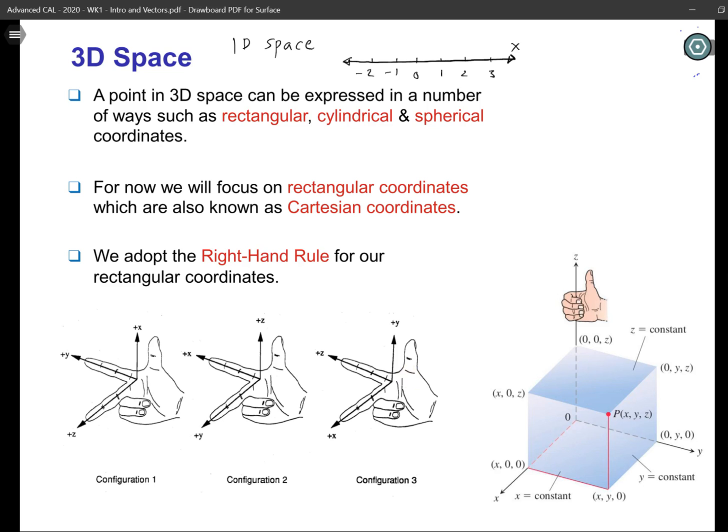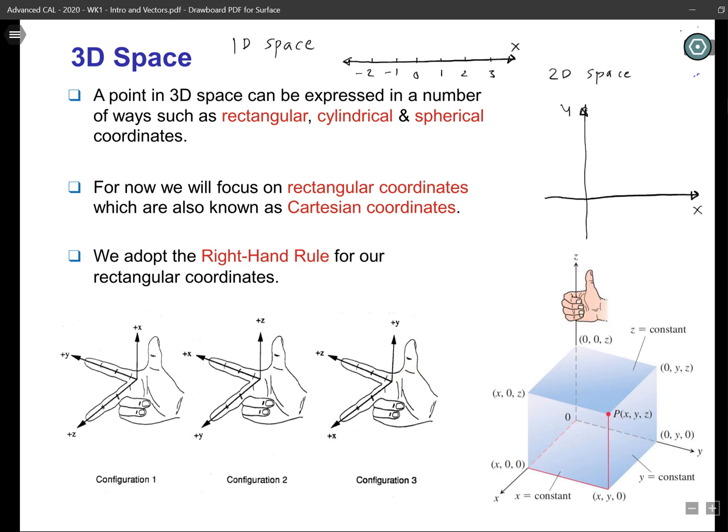Now, what about 2D space? I think you know by now, right? You can guess by now that it's going to look like something that you used a lot in this subject, math. 2D space is an empty region when you have 2 variables, 2 dimensions to work with, and that is going to be 1 dimension right here, the x-axis, and then another dimension right here, y-axis.